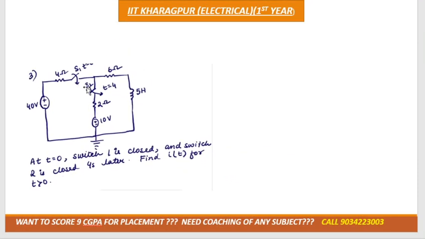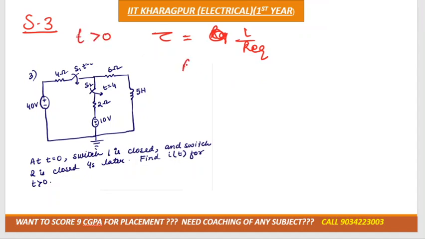Now the next step we need to calculate tau, right? Step number three. Tau is how much? L divided by R equivalent, and for t greater than 0 we need to do it. Again we need to redraw the circuit for the calculation of R equivalent. That would be equivalent to RTH, right?